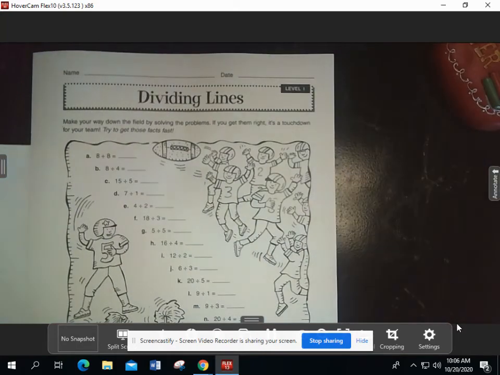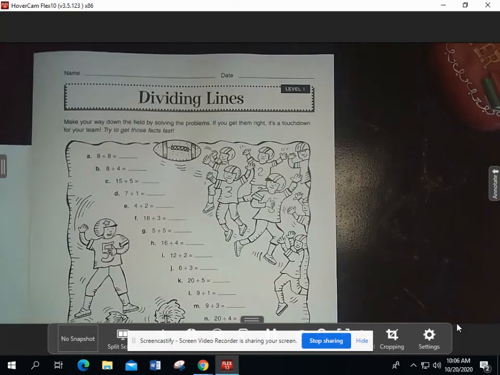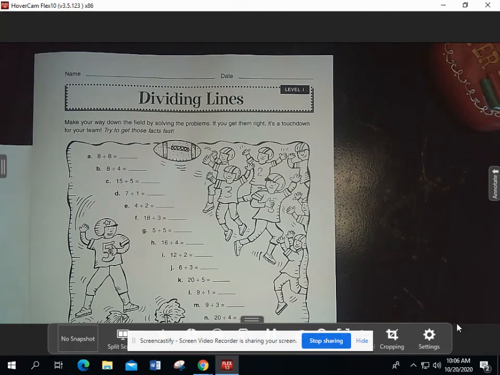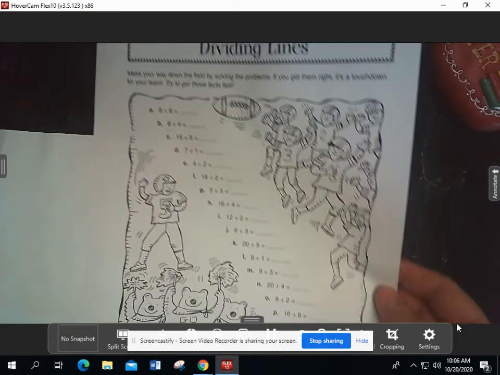There are only 18 problems on this. You can't use a multiplication table. You cannot use a calculator. I'm not going to give you more than 5 minutes to do this. So those of you at home, this is what you're getting out. Those of you here are closing your books.